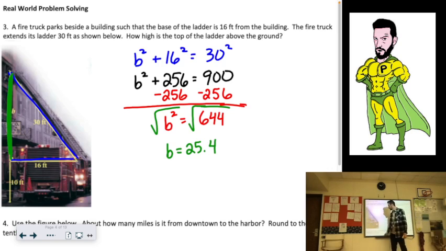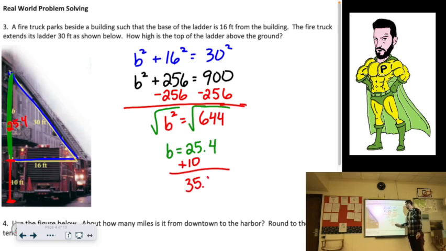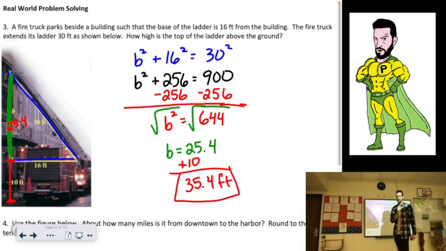So we still have this 10-foot space between where the ladder started and the ground. So if we want to know what it would be from the floor all the way up, we would have to do 10 plus our 25.4, which would just give us 35.4 feet. So there was that extra curveball on this one of adding 10.